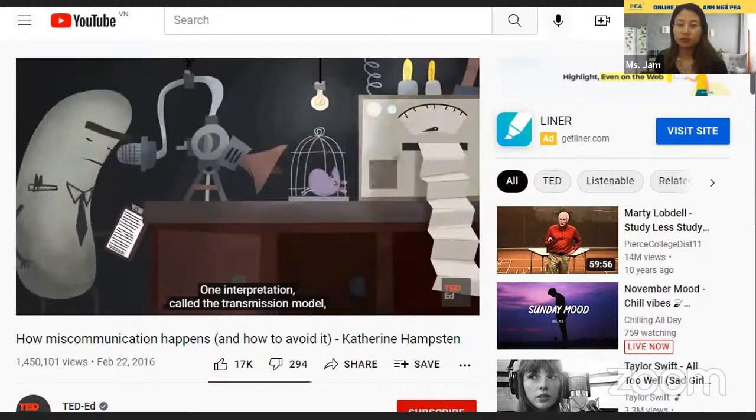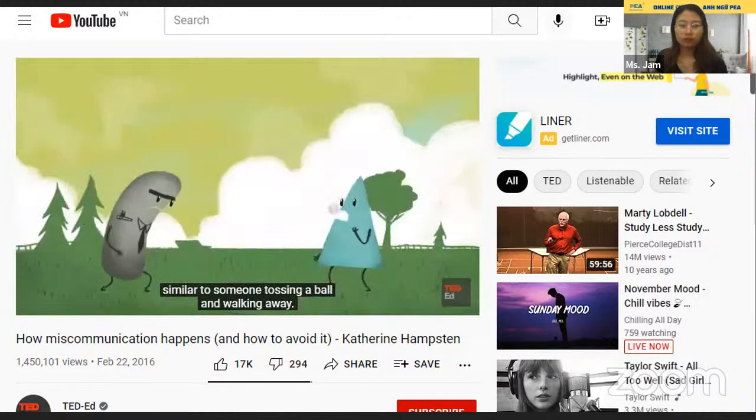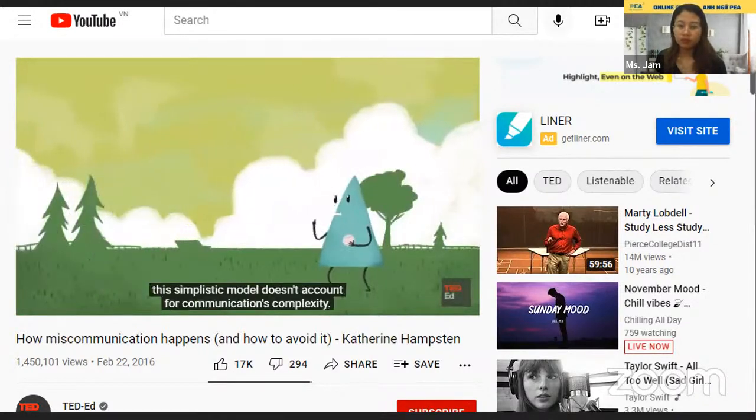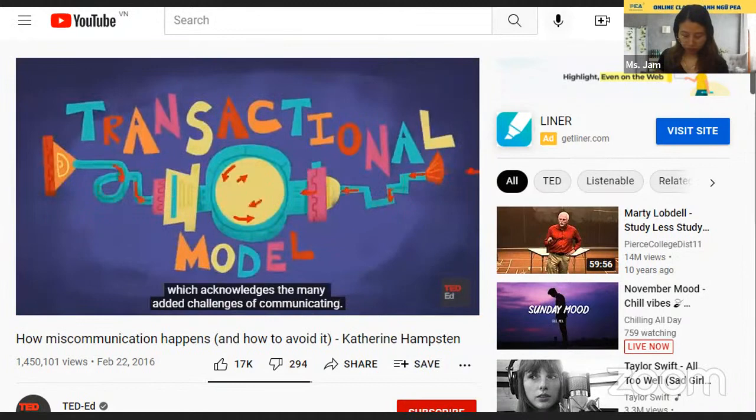One interpretation, called the transmission model, views communication as a message that moves directly from one person to another, similar to someone tossing a ball and walking away. But in reality, this simplistic model doesn't account for communication's complexity. Enter the transactional model, which acknowledges the many added challenges of communicating.